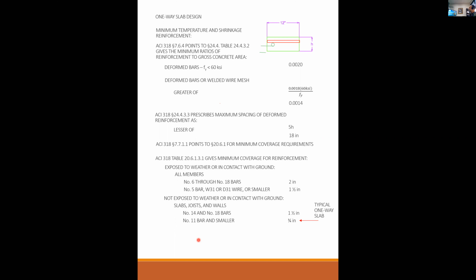Very interesting. But there is a way that you could have a one-way slab that is exposed to the ground. There's various ways that this could happen. One way could be that you pile up dirt on top of it. You're storing dirt. Well, that's just as bad as being touching the ground, right? In terms of the chemical reaction between the materials.